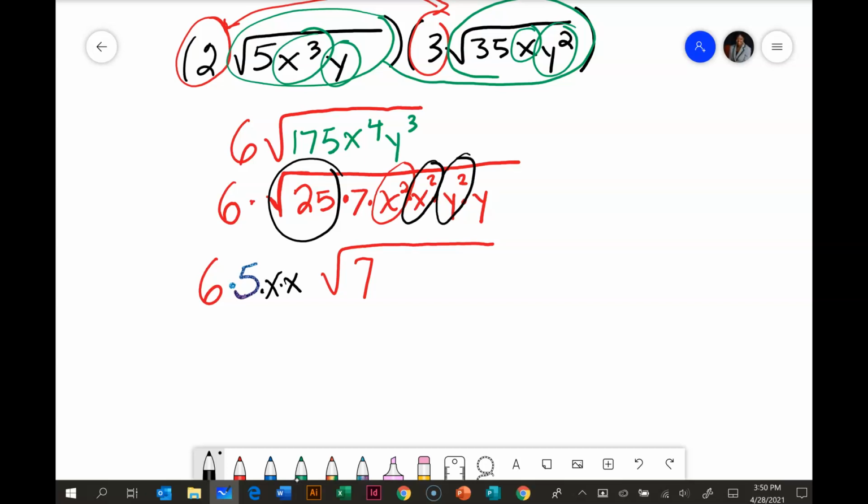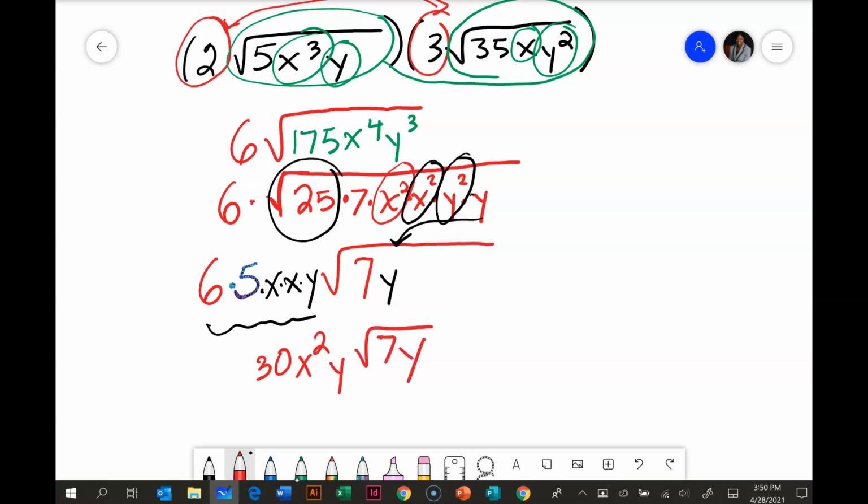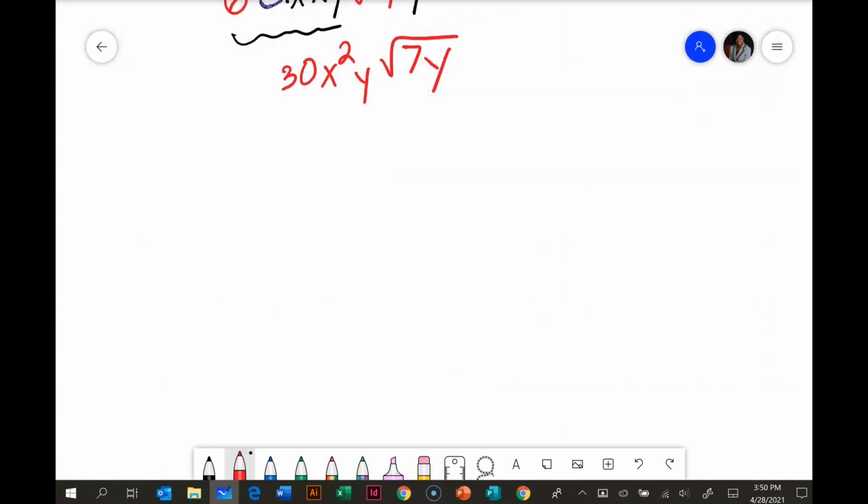Square root of y squared is y. And of course we're multiplying everything on the outside later. And then y, we don't have enough on the end here, so we just keep that y there. So if we multiply everything over here, it looks like we have 30 x squared y times the square root of 7y. All right, let's move on to maybe two more problems, and we'll be done.